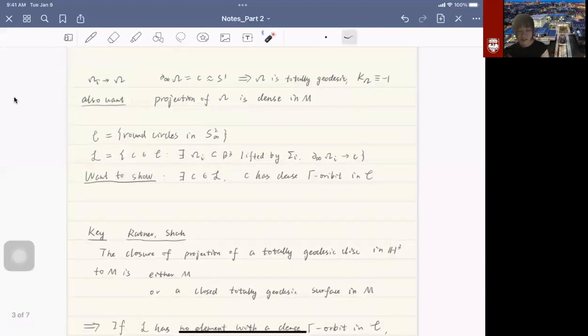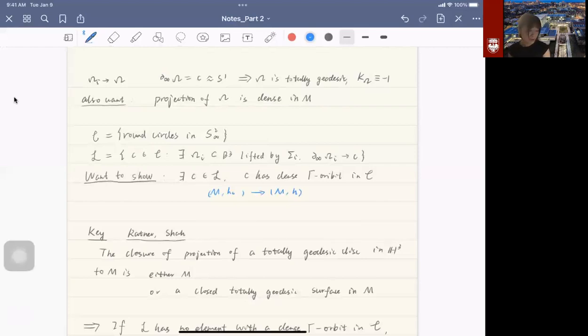And why do we need this? That's because if this is true, we can apply a result by Gromov. They said that there's a map from MH0 to MH that takes geodesics to geodesics.